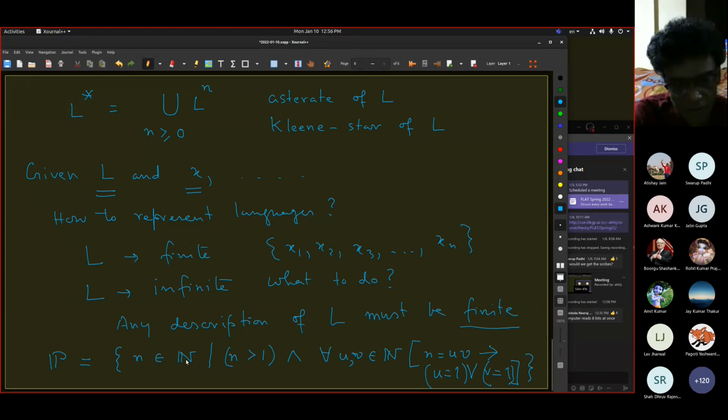I am using, for example, the set membership notation, epsilon, belongs to. I am using logical constructs like and, or, for all, implies. Also, I am using arithmetic operations like multiplication. So this is a finite representation with a lot of meanings associated with every symbol appearing in it. That's not a problem anyway.